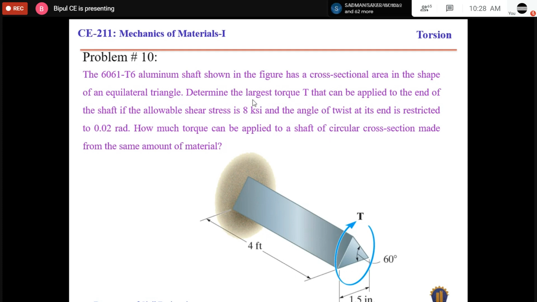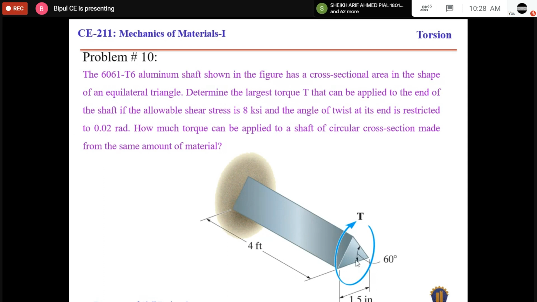Determine the largest torque T that can be applied to the end of the shaft if the allowable shear stress is 8 ksi. The allowable stress of the material used to make this shaft is 8 ksi. And the angle of twist at its end will be limited to 0.02 radian.